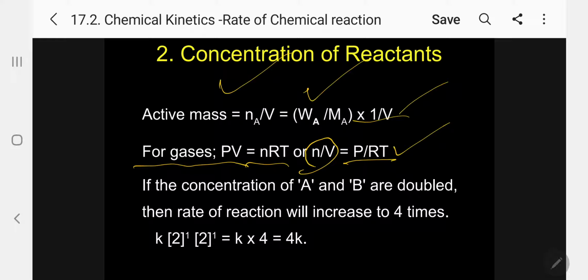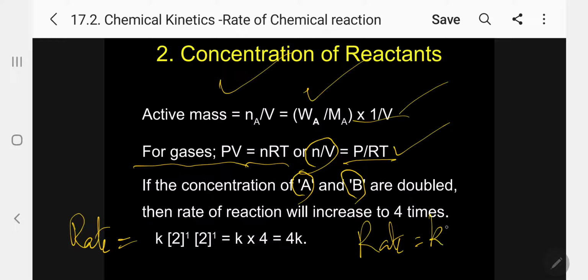The idea here is, if the concentrations of the active mass of A and B are doubled, kindly follow, the rate equals the rate constant into the active mass of the reactants. Rate equal to rate constant into the active mass of A to the x and the active mass of B to the y.